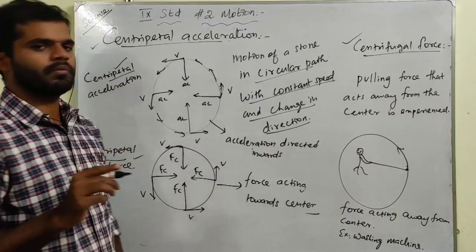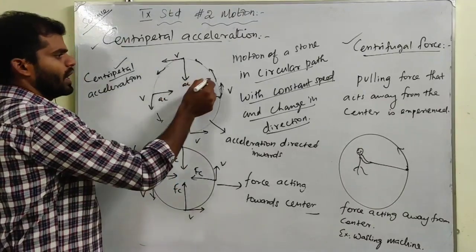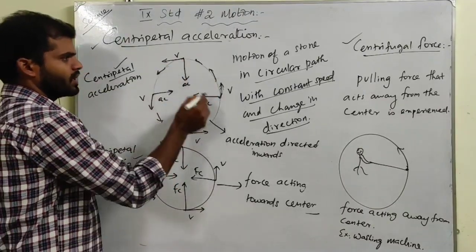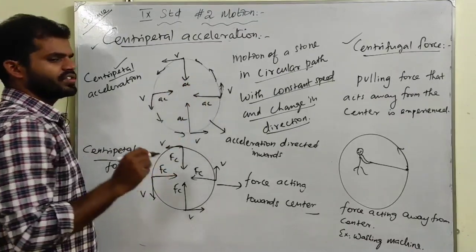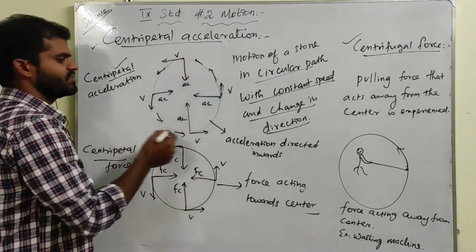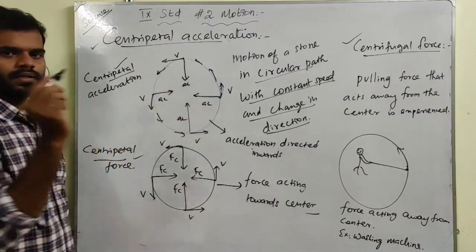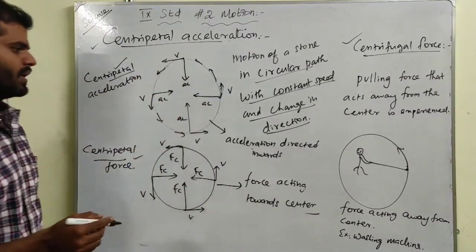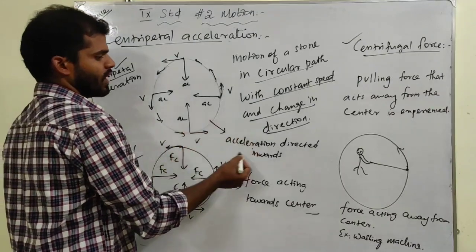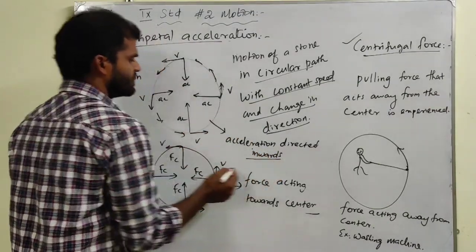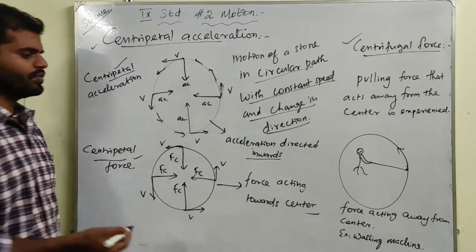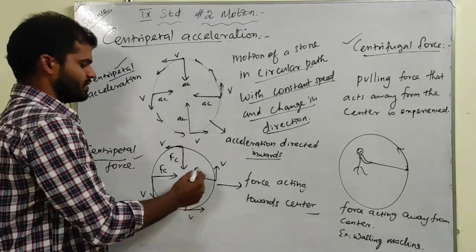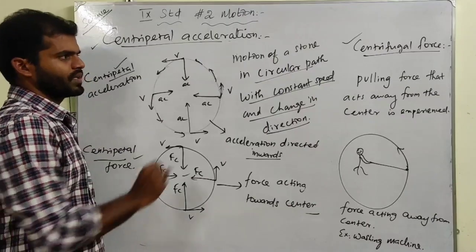So what we have to remember is why that stone is rotating in a circular path. Because the speed is constant and the direction is changing, acceleration is created in the stone. So acceleration directed inwards is called centripetal acceleration. Force acting towards the center is called centripetal force.